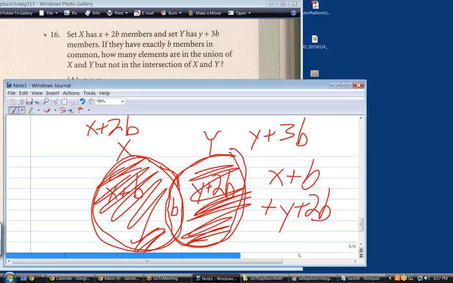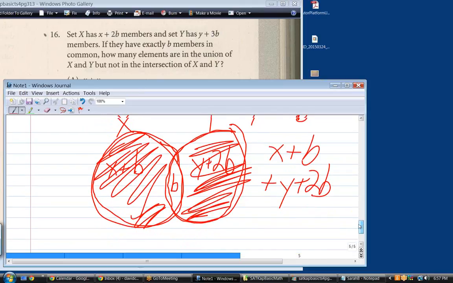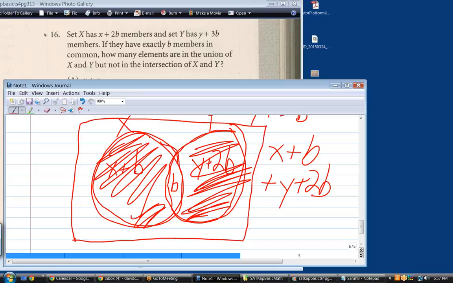Now, you can also have a Venn diagram if there's 4 possibilities. In other words, they may give you a problem that says you have set x, you have set y, you have the combination, and then you have part of your members that aren't in either x, y, or the union. So they're outside here.